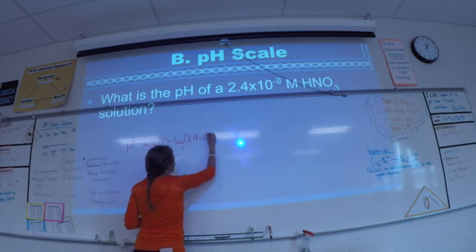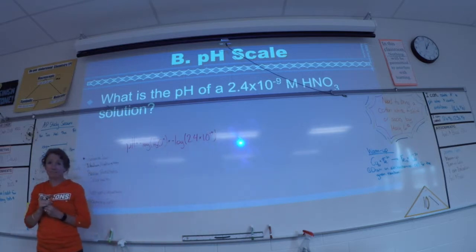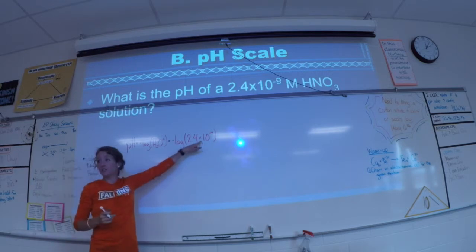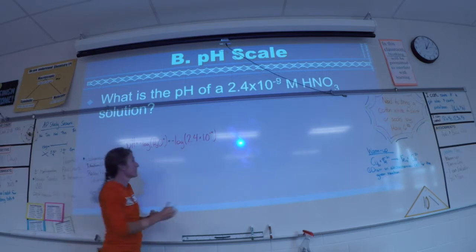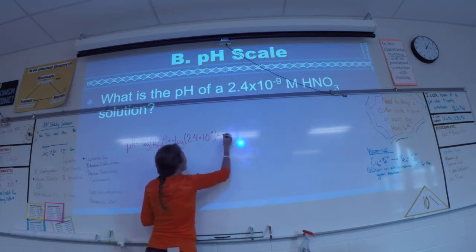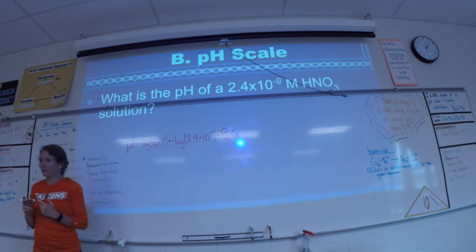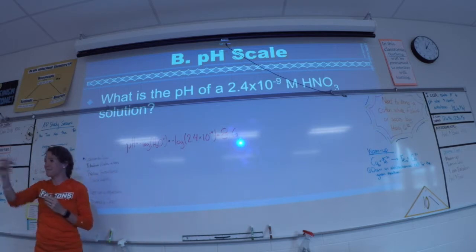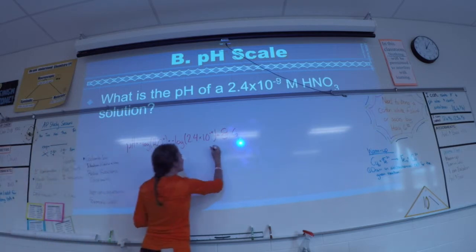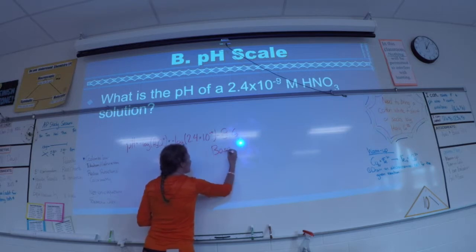It's a really, really small number, but you just plug it straight in. Now you can use the EE shortcut because we're doing the times 10 thing again. I recommend it. And you should get an answer of like 8.6 if you did it correct. And that makes it a base. Good work.